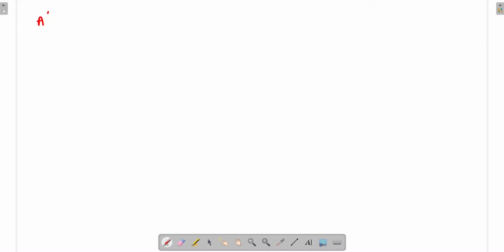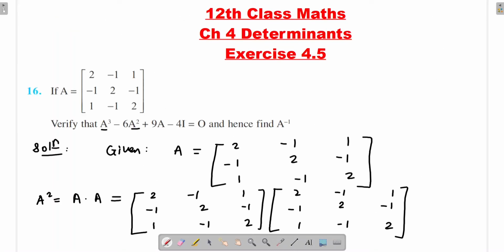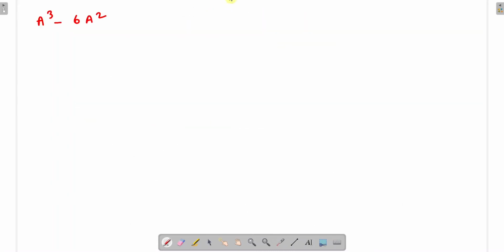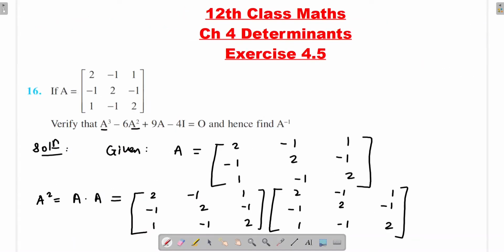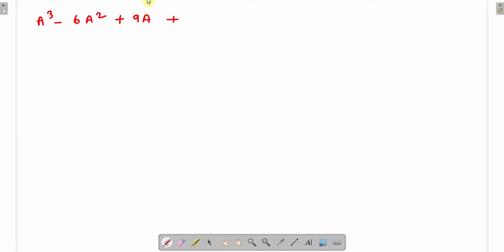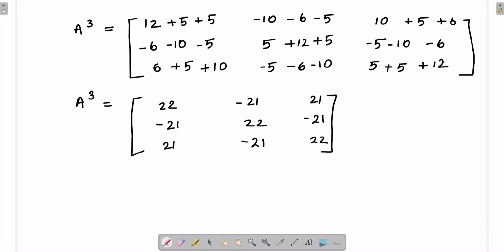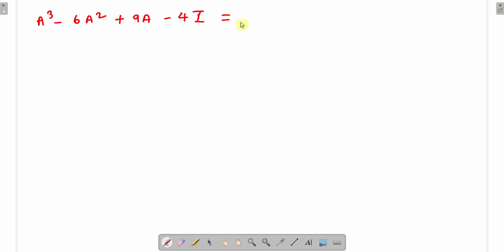A cube minus 6A square, then plus 9A minus 4I equal to 0. Now we have to substitute. So here we will write it down.